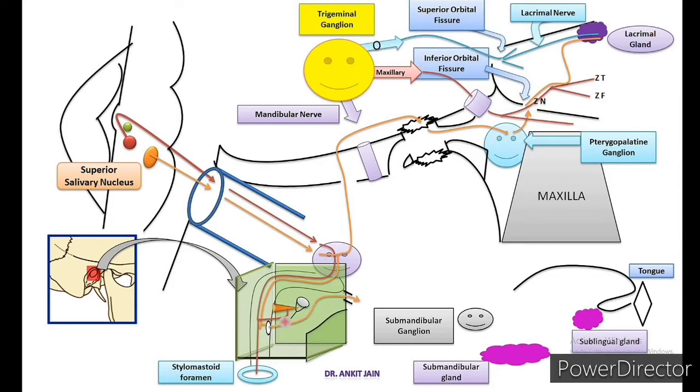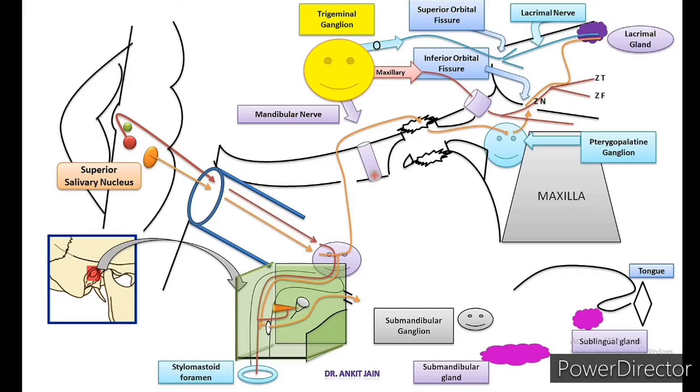Then these fibers run across the lateral wall of the middle ear and leave the tympanic cavity by passing through the anterior canaliculus in the anterior wall of the middle ear and emerge at the base of the skull through the petrotympanic fissure. To know the future of these fibers, let me discuss the mandibular nerve.